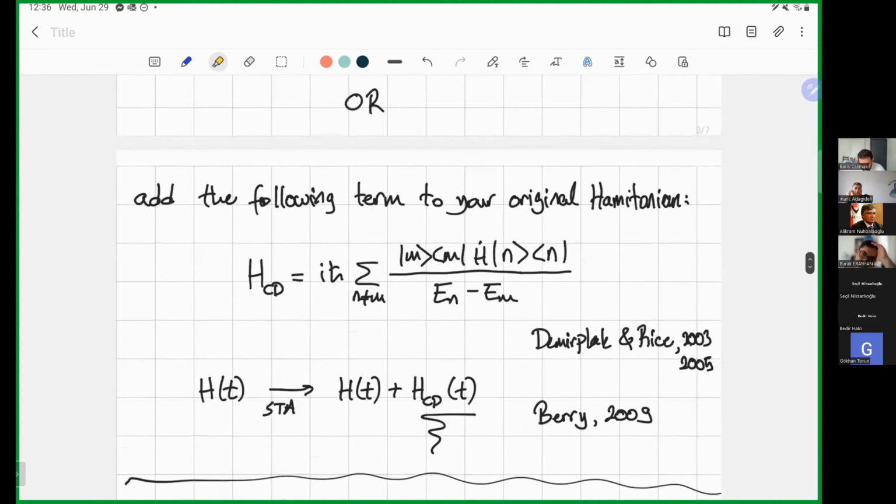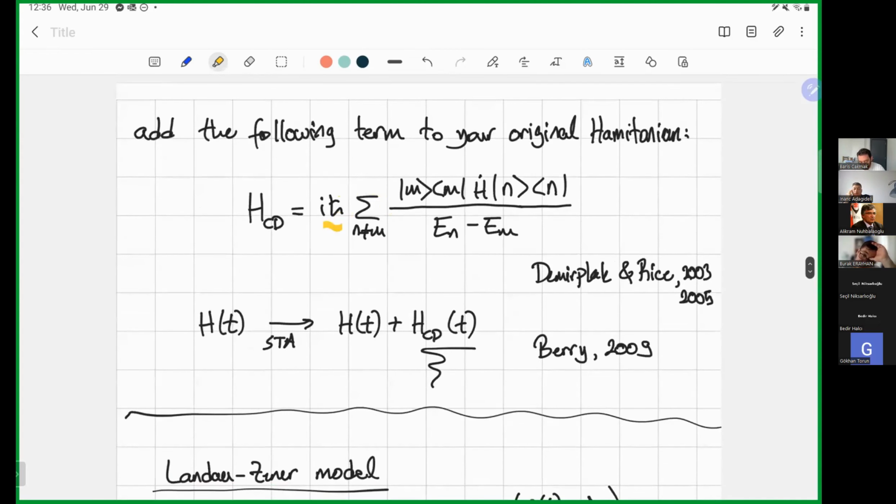Don't forget that there is a double summation here, a summation over n and also a summation over m. If you like, I should also explicitly write this: H bar is sum over m and sum over n. But don't forget that n is not equal to m in both of these summations.